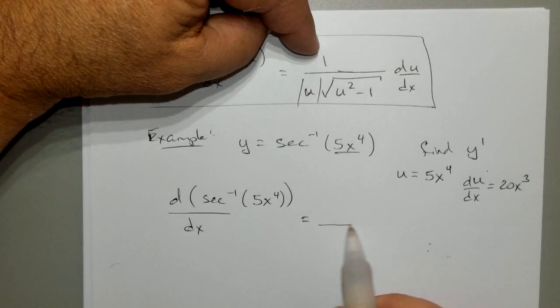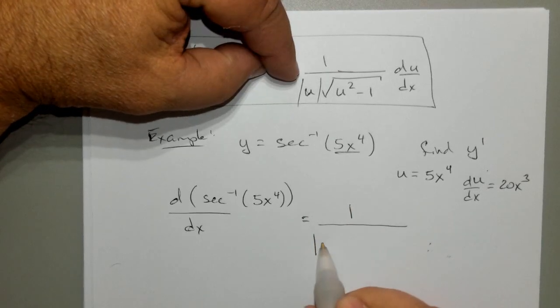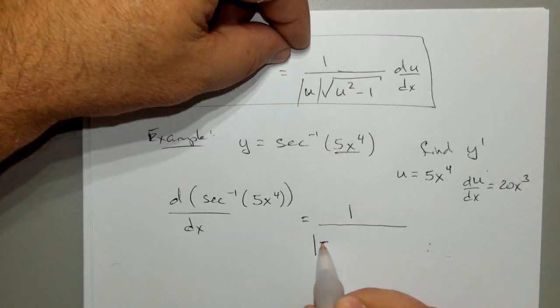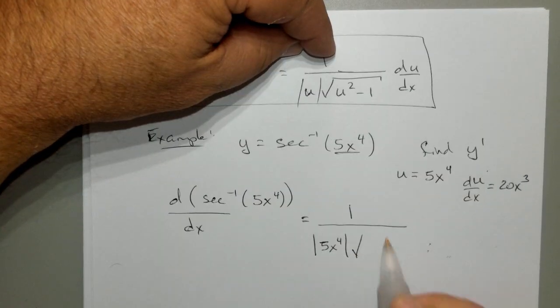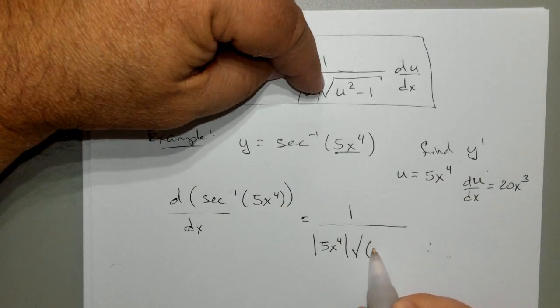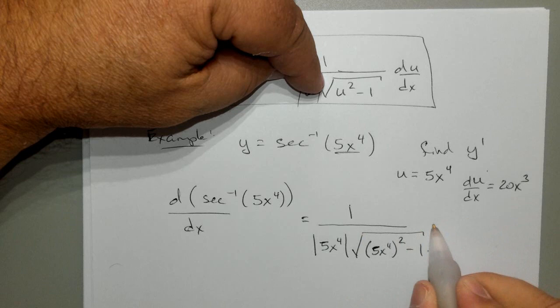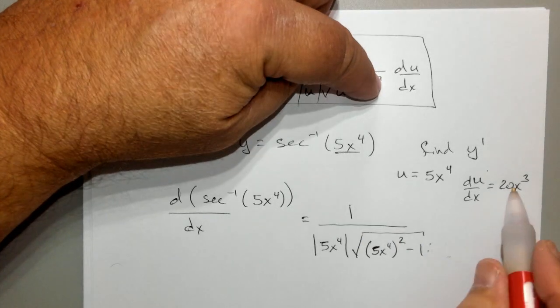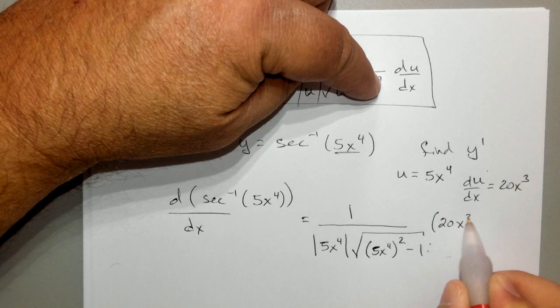Look at our formula here. Absolute value of u, which is 5x to the 4th, times the square root of u squared, which is 5x to the 4th squared, minus 1. Du dx is 20x cubed.